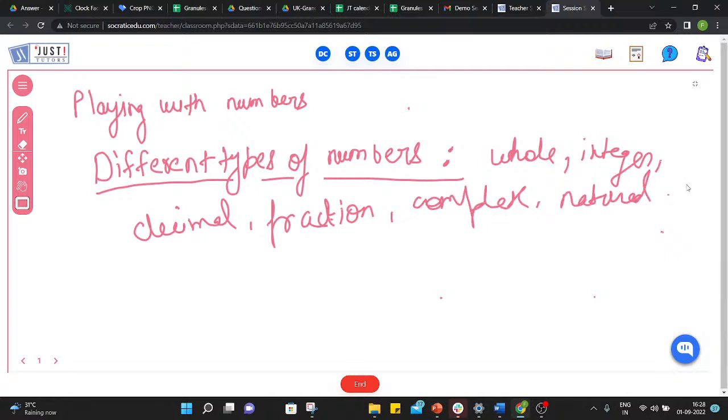So different types of numbers ये होते हैं whole numbers, integers, decimal, fraction, complex, natural. These are the types of numbers, and we have discussed these numbers in detail in one of our previous sessions. So I would like to ask you to search about that topic on the YouTube Just Tutors channel, and you will get what are different types of numbers. You can check this topic from there.